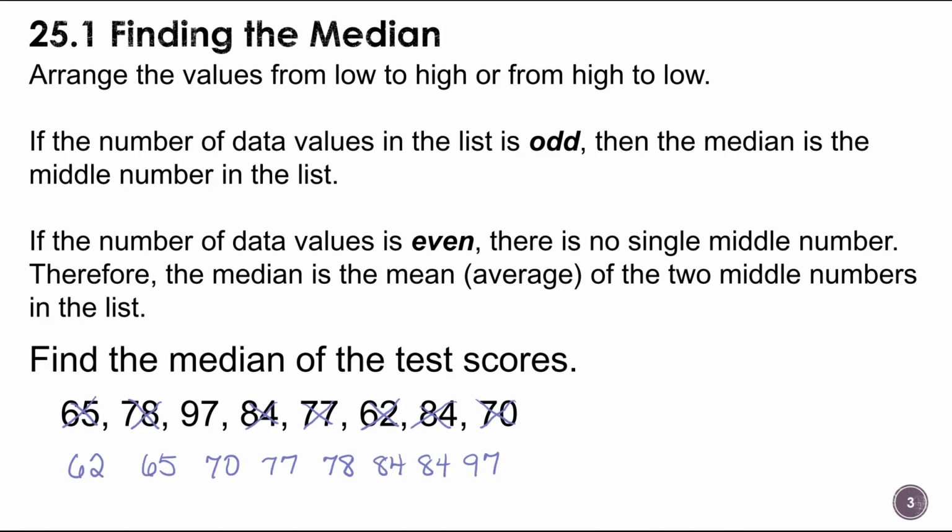So now we have them in order, right? From least to greatest. And so really the middle of these numbers is right here, right? We split them 4 and 4. So that means the two numbers on either side of my line are the ones that I have to find the average of. Now, I think you can probably figure this out pretty easy. We do 77 plus 78 divided by 2, but I think you can look at it and see, excuse me, it's right in the middle, at 77.5, all right?